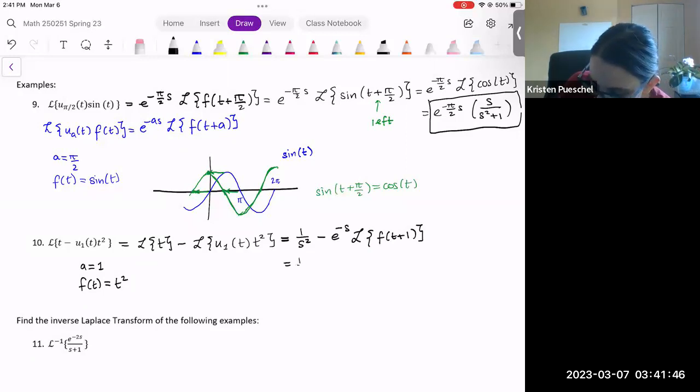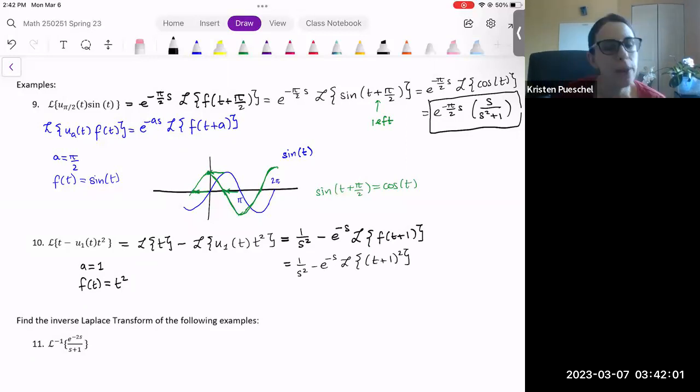And so that's 1 over s squared minus e to the negative s times the Laplace transform of, we're going to be changing the inside of our squaring function. So this will be t plus 1 squared. Okay.